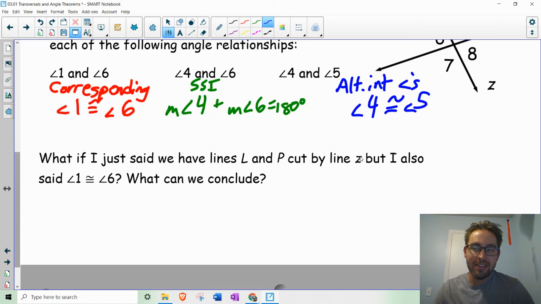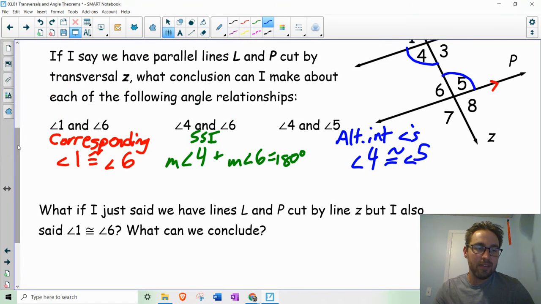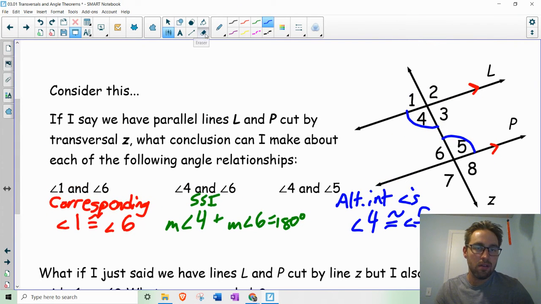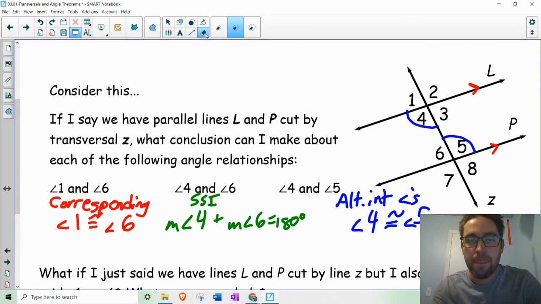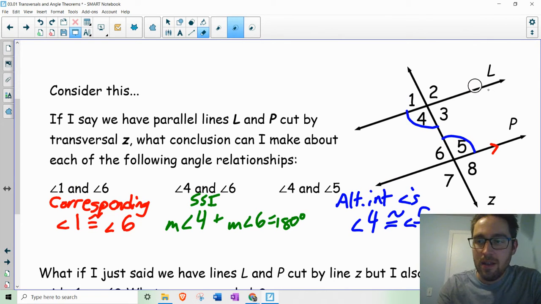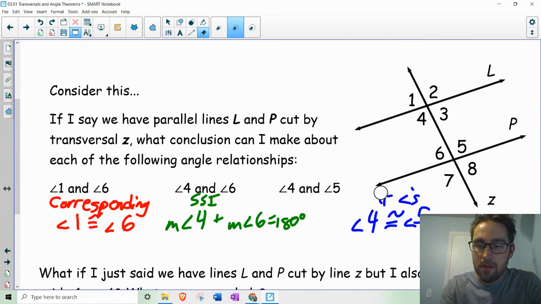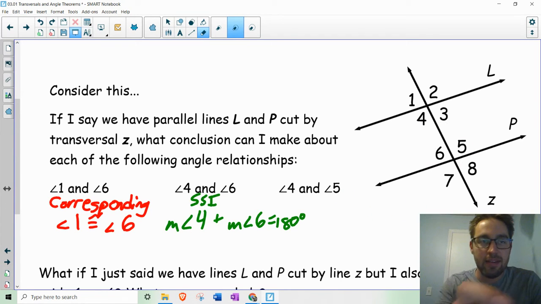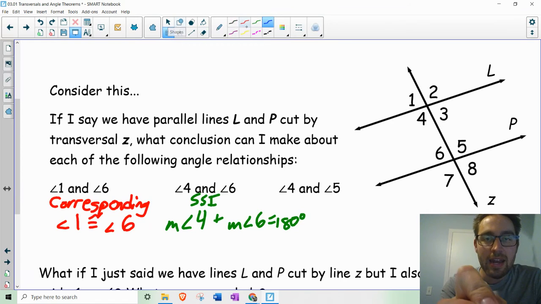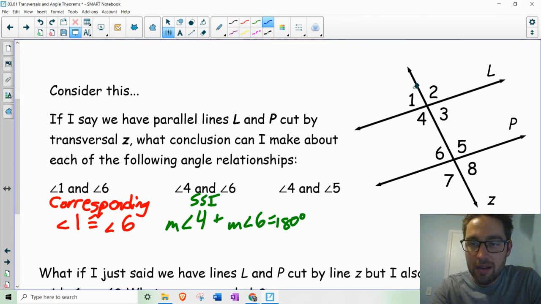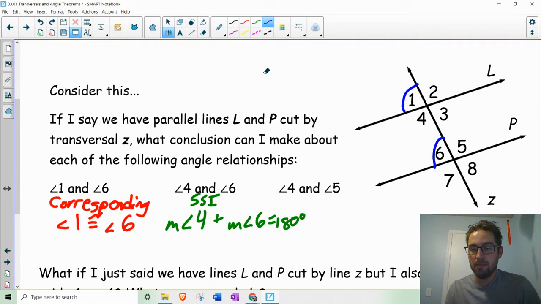So if I had the exact opposite situation, if I had those two lines, L and P cut by Z, and I said that angle 1 was congruent to angle 6, what conclusion could I draw?